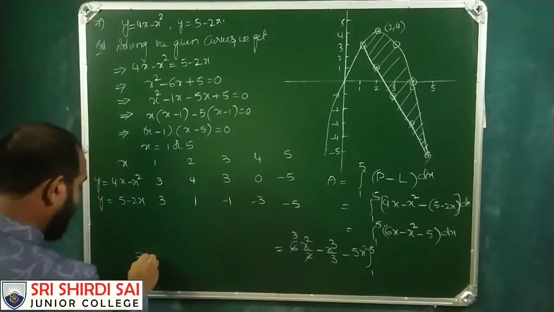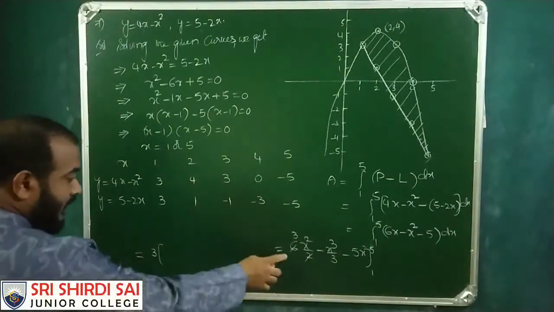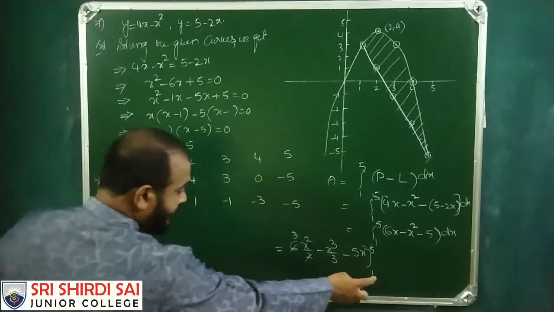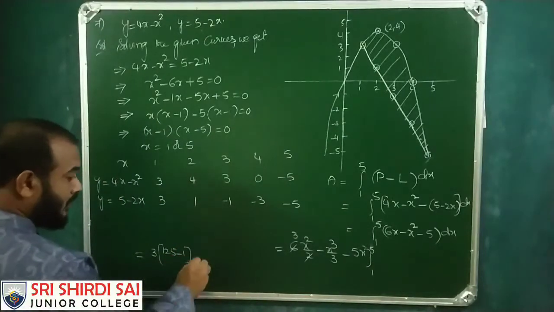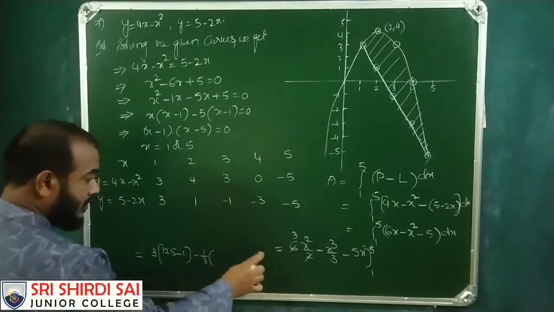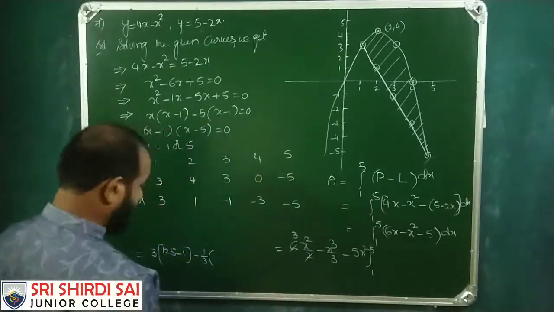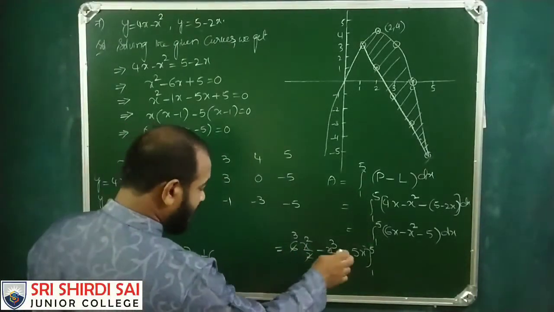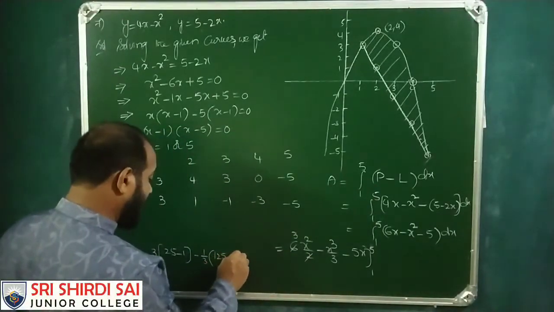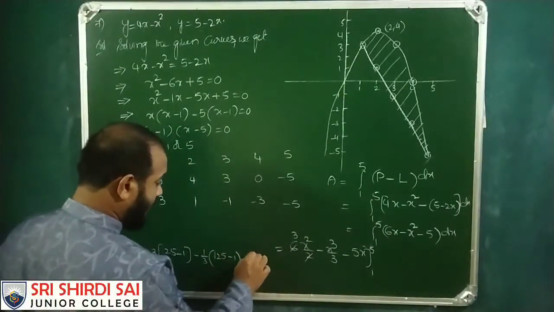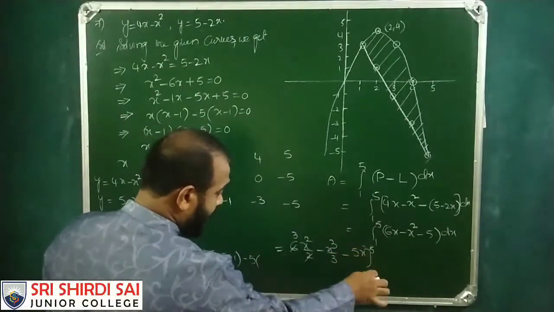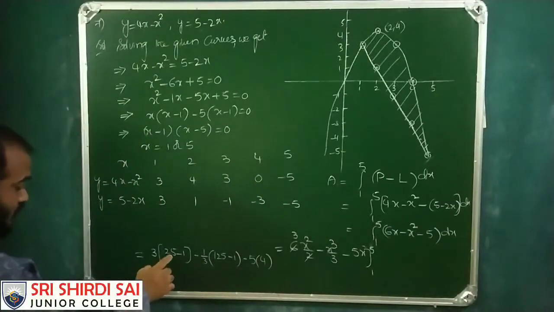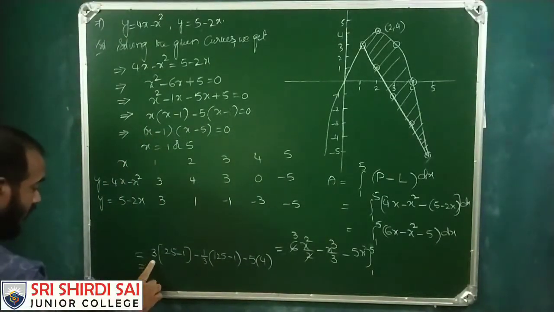This is equal to 3 into x square, so 5 square is 25 minus 1 square is 1, minus 1 by 3 x cube. Sorry, here x square is 25. X cube is 125 minus 1, minus 5 into x value is 5 minus lower limit 1.